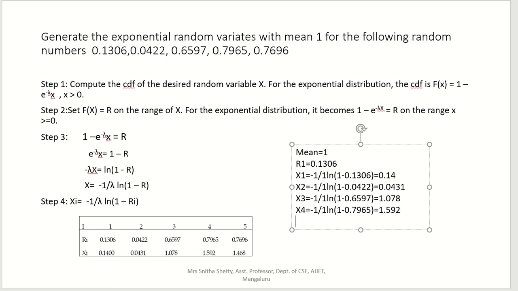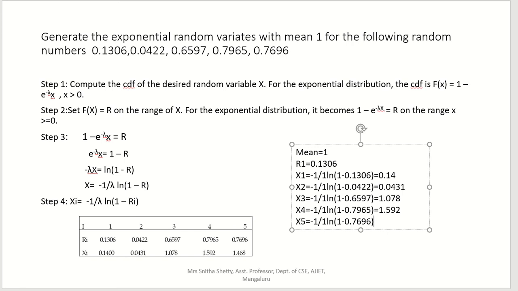And finally x5 you can obtain using the formula minus 1 divided by lambda. Lambda is 1. So ln of 1 minus r5. You can see here r5 is 0.7696.